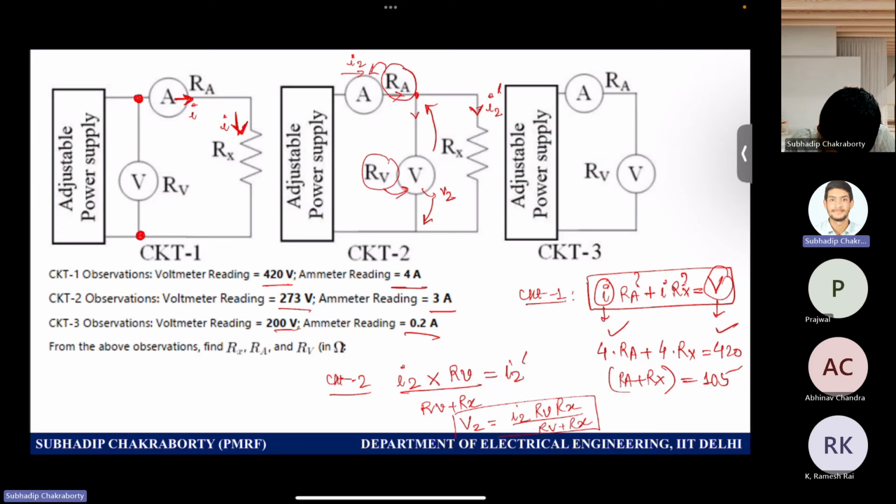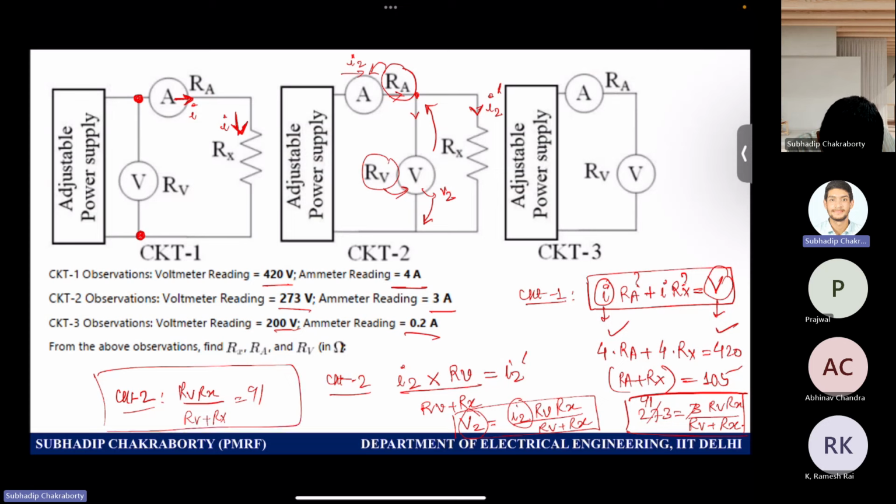What is the value of I2 and V2? 273 and 3, so it is 91. So you have another equation for circuit 2, that RV Rx by RV plus Rx is 91. So this is another equation.